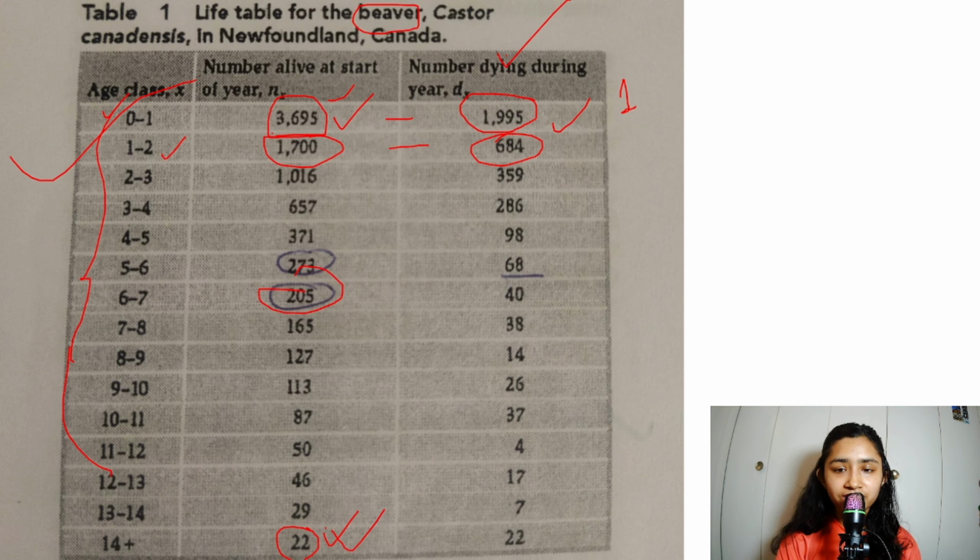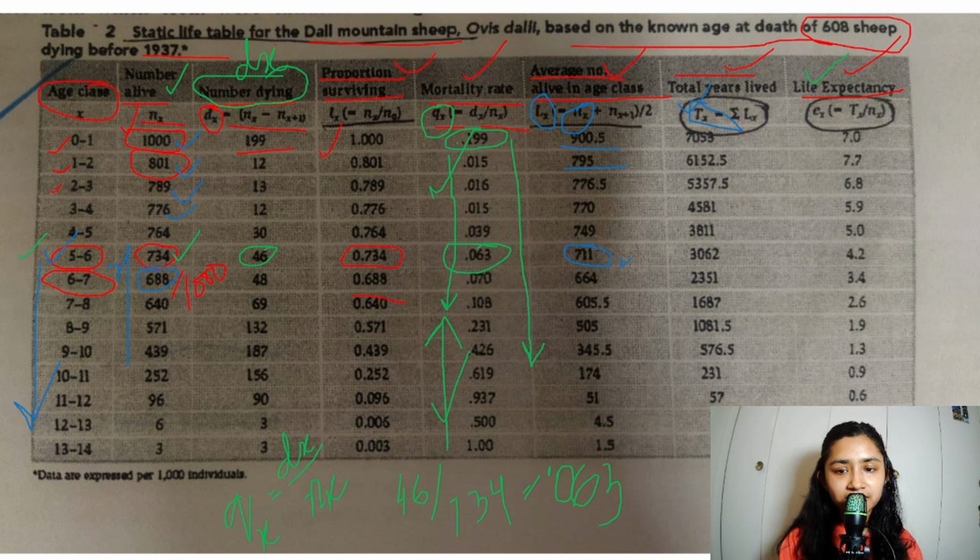TX can be taken out by the summation of all the LX. If you have to take out the TX of the group 5 to 6, you have to take the LX of this class and all of the older classes. So for example, if we want to take out the TX of the 5 to 6 group, you have to start from 711 till the last, then what you get is 3062.